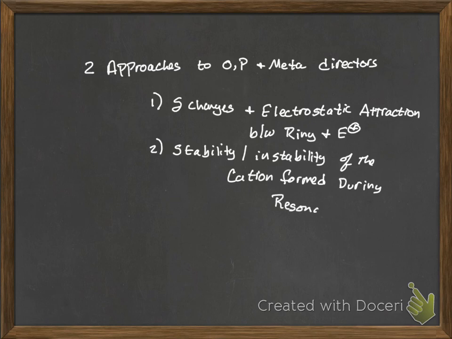All right? Let me reiterate. It's not like these are competing theories. They actually tell you the exact same thing. I just like to present both of them because if one of them makes sense to you and the other one is just sort of not, then at least you have another option of understanding this.